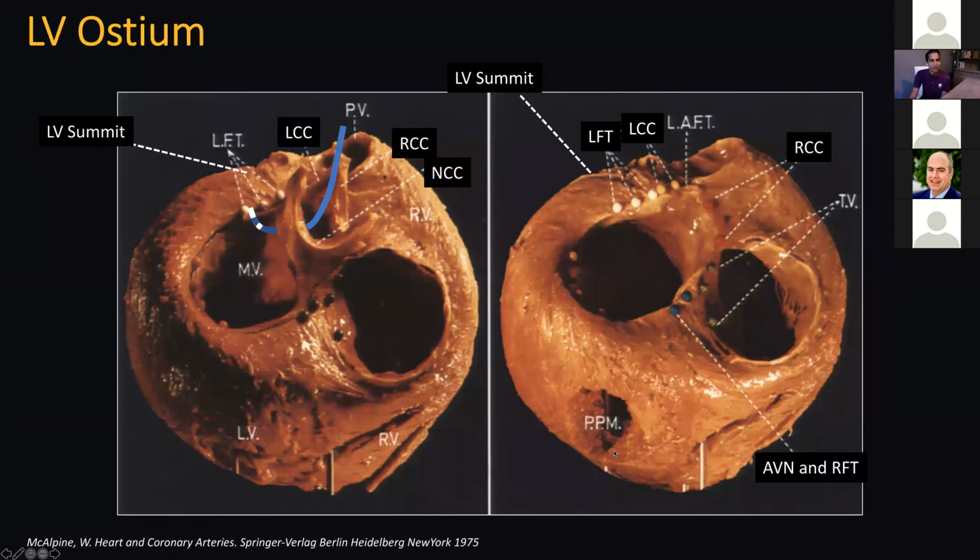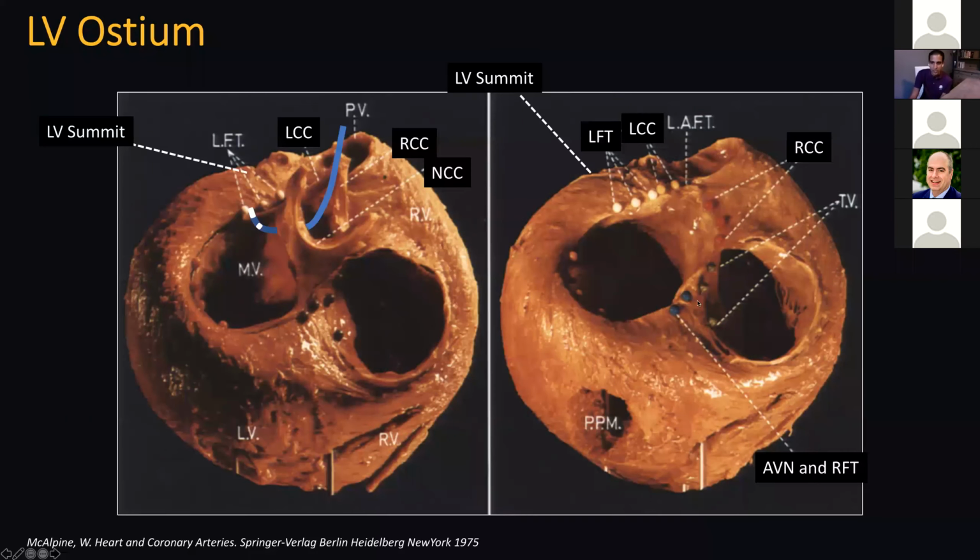All right, this is a very important slide. Imagine this is the LV ostium with the aortic valve and the mitral valve removed. The LV summit sits here as the epicardial structure. The ventricular atrial junction here has both a fibrous portion, seen here, and a muscular portion. The muscular portion is much more extensive.